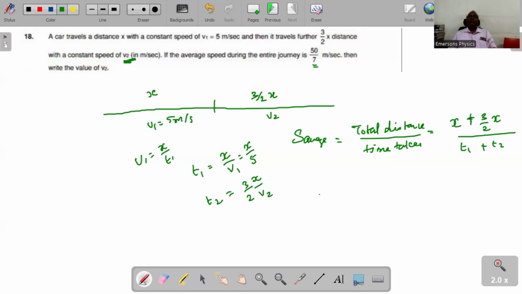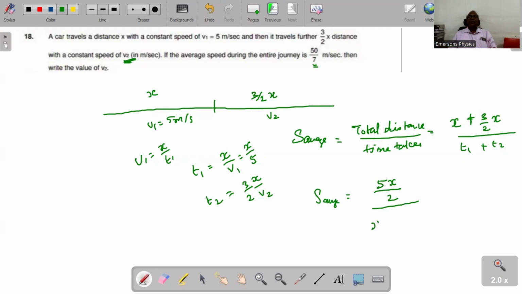Now we'll substitute the value. Average speed is equal to, we can take 2x plus 3x by 2, 5x by 2, divided by T1, x by 5, plus 3x by 2 V2.